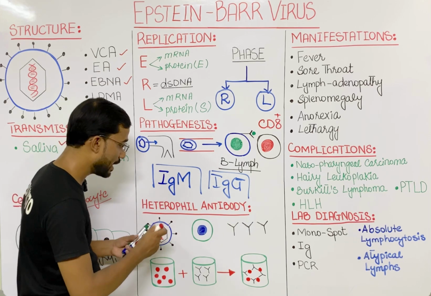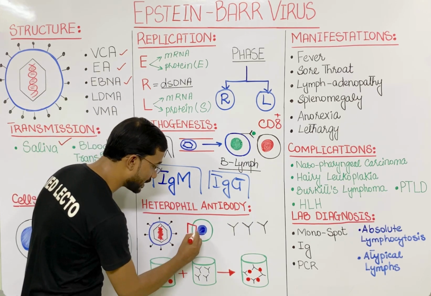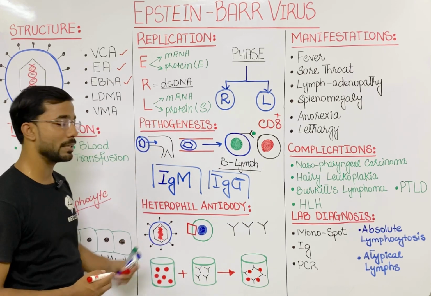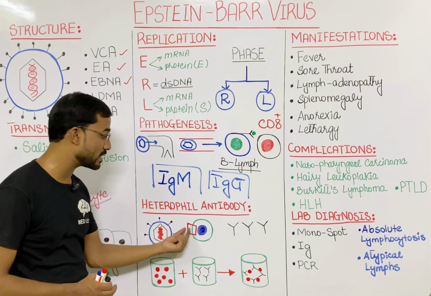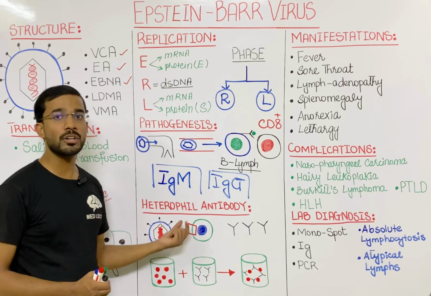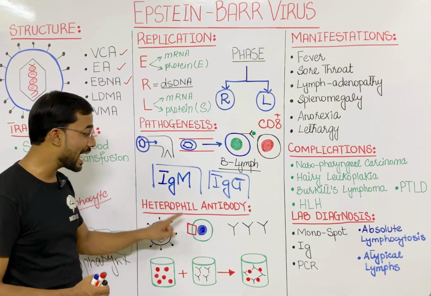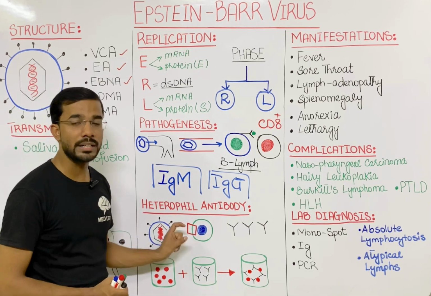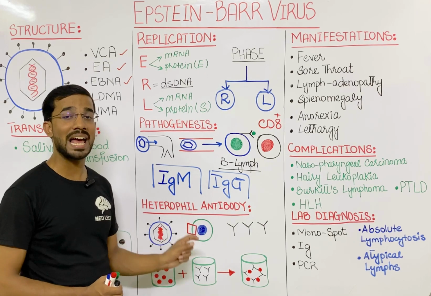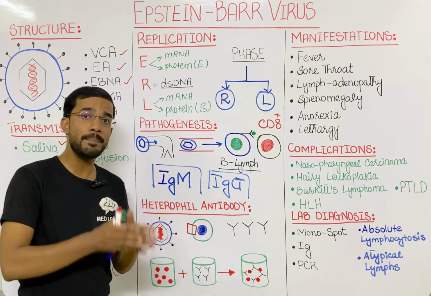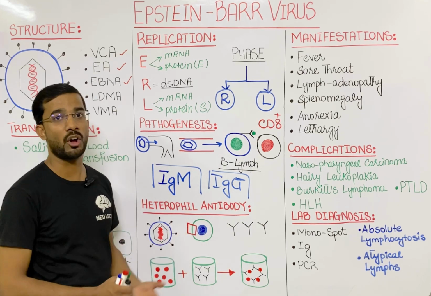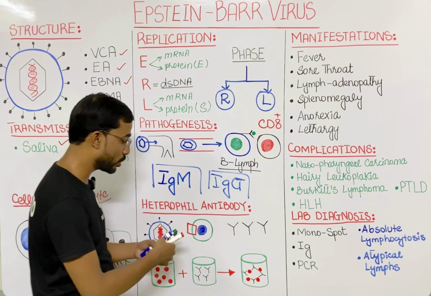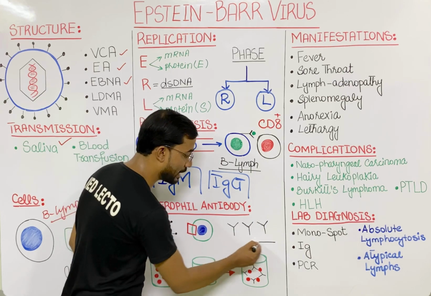Okay, if I say this side of the cell membrane will be affected by the Epstein-Barr virus, the virus will make some changes in the component of the cell membrane, and as a result that component of the cell membrane will act as an antigen, and our body will produce antibodies against that component of the cell membrane, and as a result you will see the production of the antibodies.